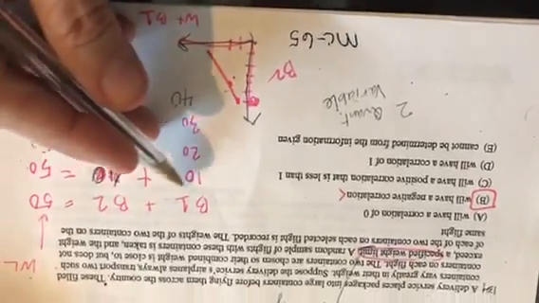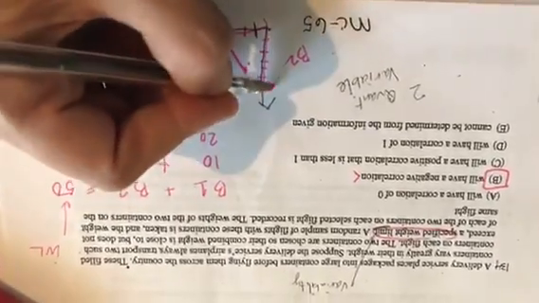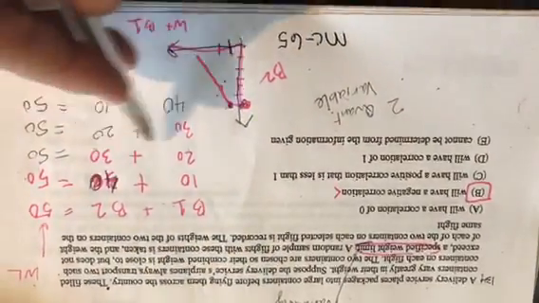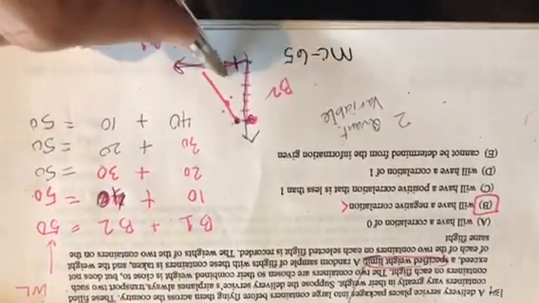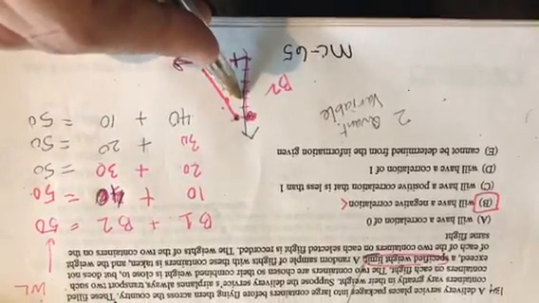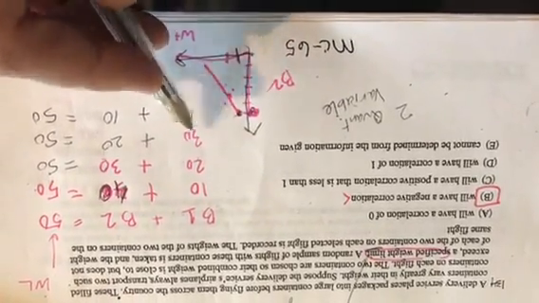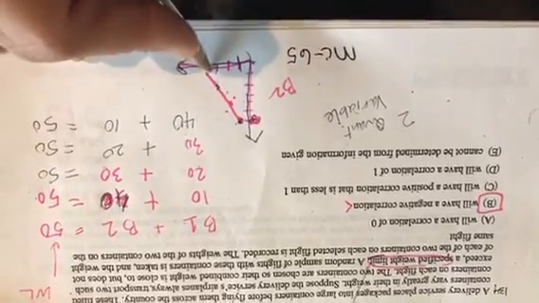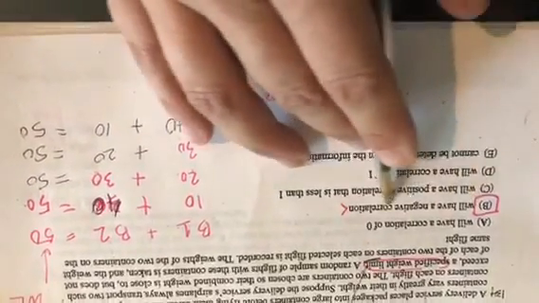When I have a very light bag, like 10 for my first box, then that would allow me to have a much heavier box for my second one. When my first box is 20, my next box can be 30. When my first box is 30, then my next box has to be 20. Notice this is definitely a negative correlation.